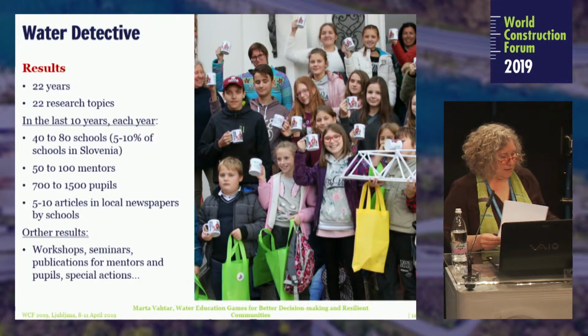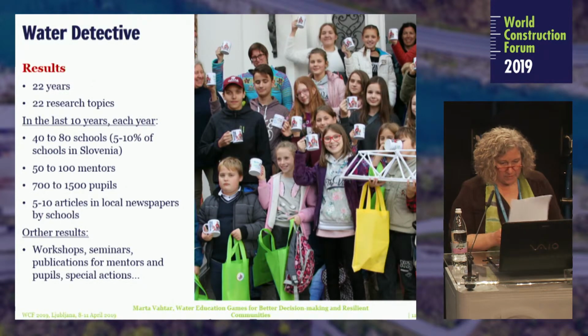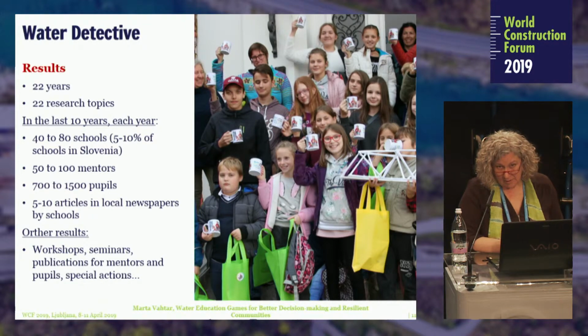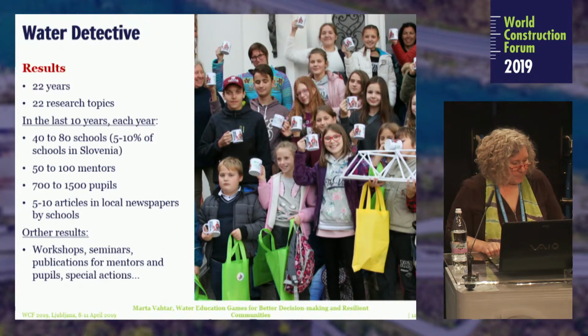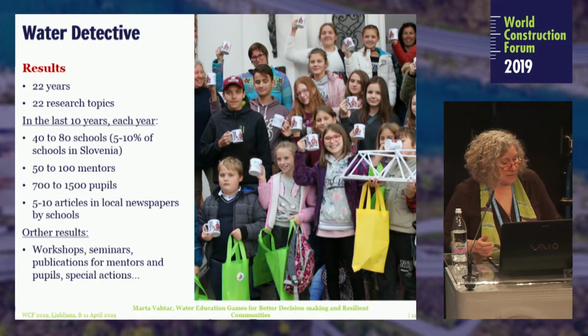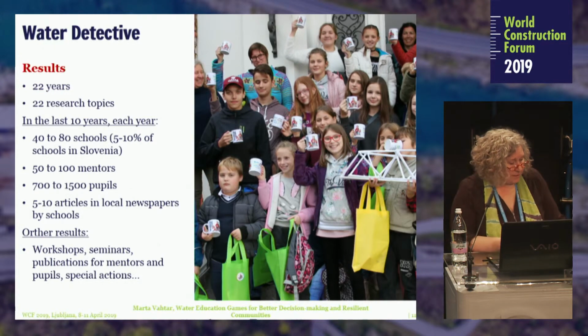So basically, Water Detective, the results that we had in the last 22 years: there were 22 research topics. Then 5 to 10% of all Slovenian schools each year cooperated in this, with 50 to 100 mentors every year, and with over 1,000 pupils.